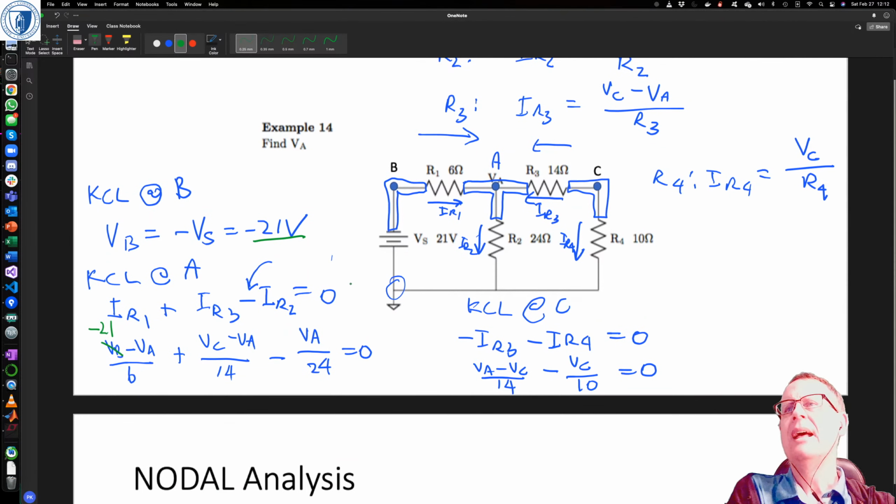I'm going to reorganize this so that it maybe looks a little better, just in terms of VA and VC.